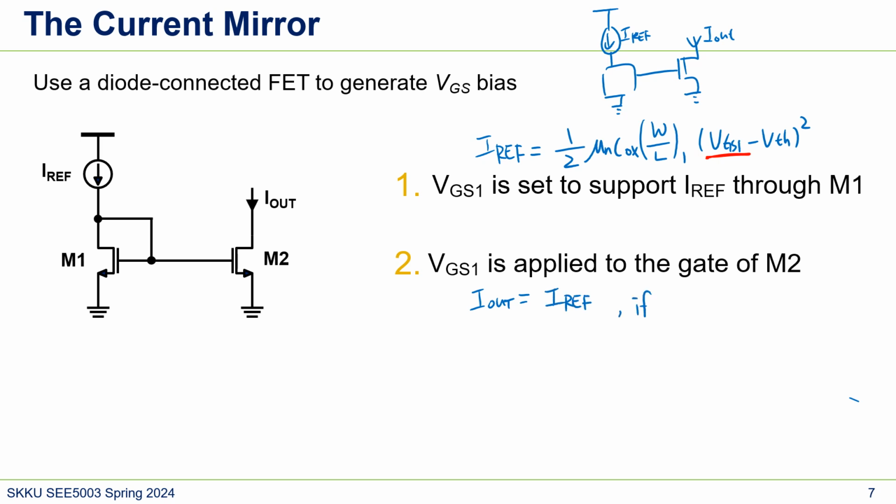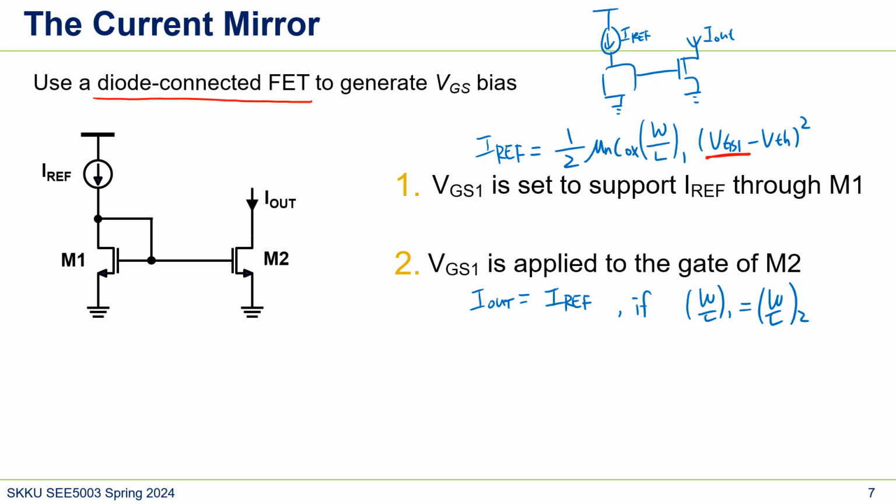if W/L1 equals W/L2, right? If we assume there's no channel length modulation. Again, if there's no channel length modulation, that means that the current of the MOSFET is only defined by VGS, right? So this will happen. And then, by the way, here we use a diode connected FET.